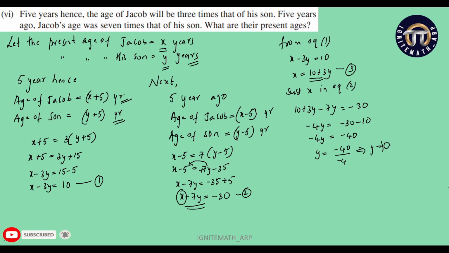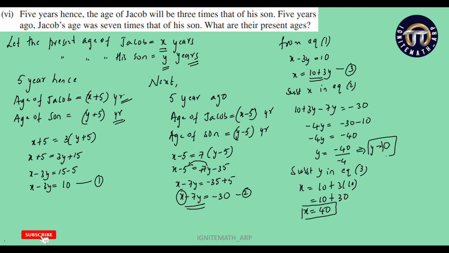Clear, children? Okay. Substitute y in equation 3. So now x is equal to 10 plus 3 into 10. Clear, children? Because y is 10. So I'm going to get 10 plus 30. So x is equal to 40. Okay, x is equal to 40 and y is equal to 10. What have you taken x as, children?